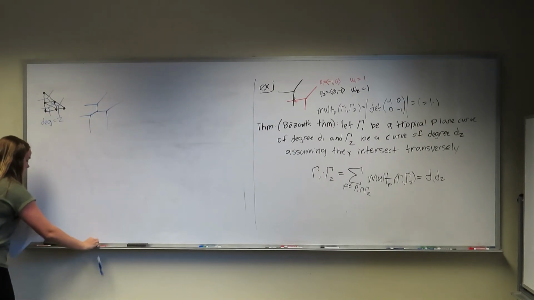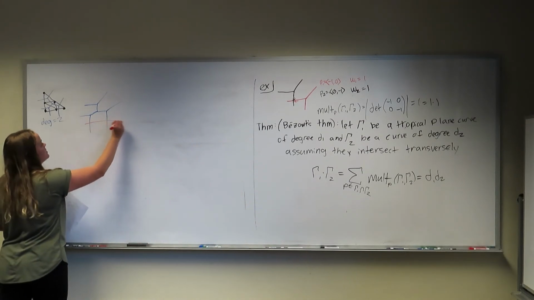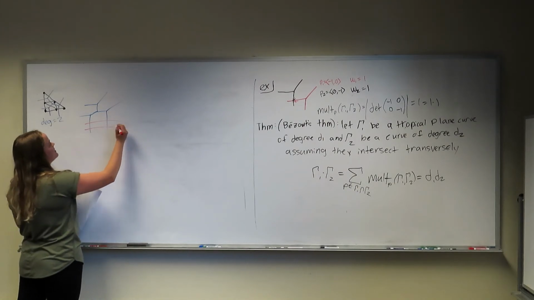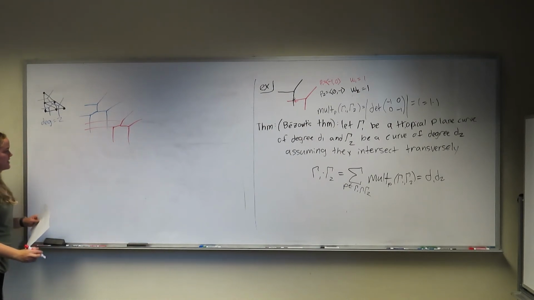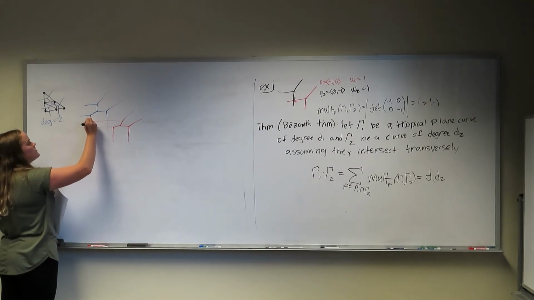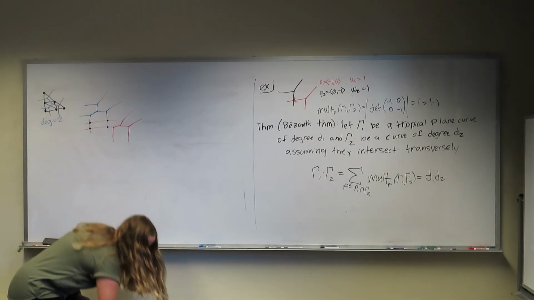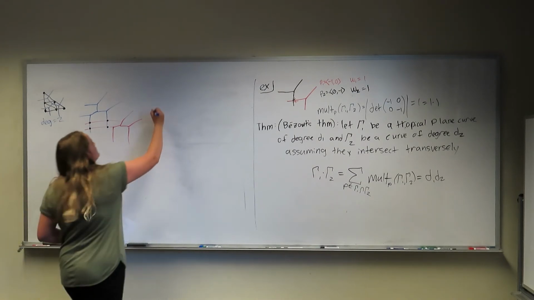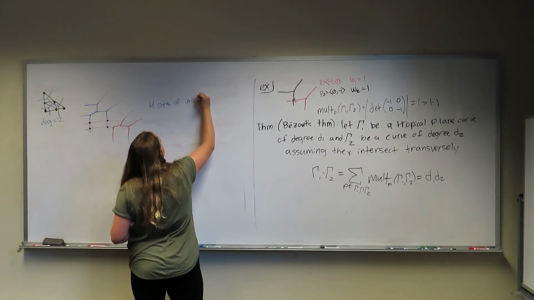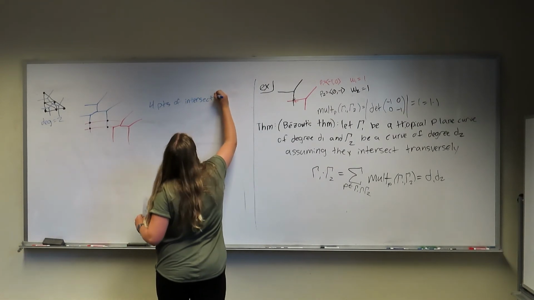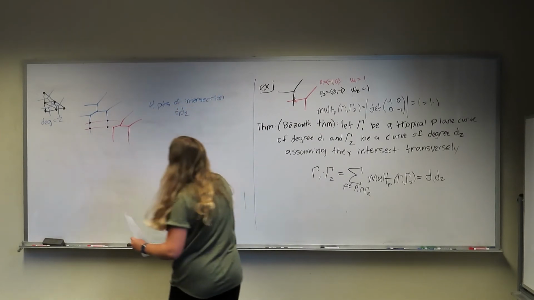So if we take 2 quadrics, these are degree 2. Okay, there's one. There's another one. And we see that we have 4 points of intersection, which agrees with the degree of the one times the degree of the other.